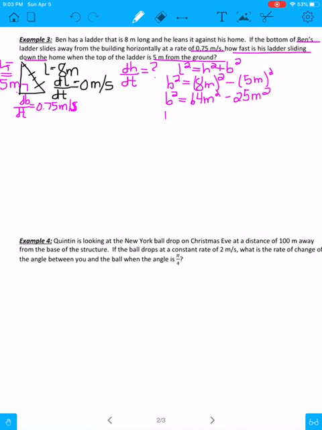And so we get B squared equals 39 meters squared. Square root: B equals the square root of 39, and the square root of meters squared is meters. Okay?